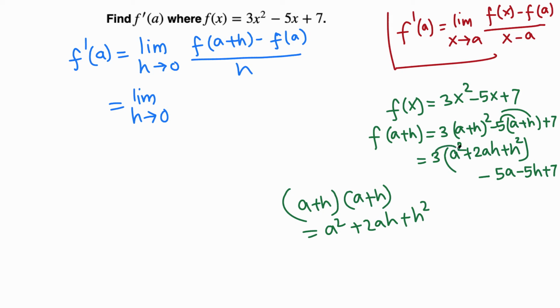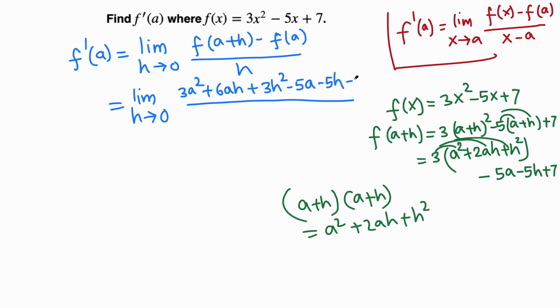Now we need to distribute 3 as well. So in this limit, f of a plus h is 3a squared plus 6ah plus 3h squared minus 5a minus 5h plus 7.